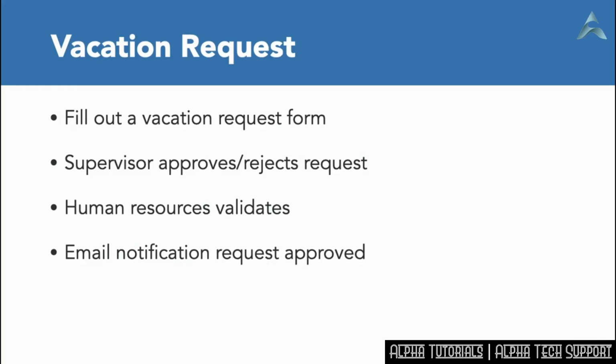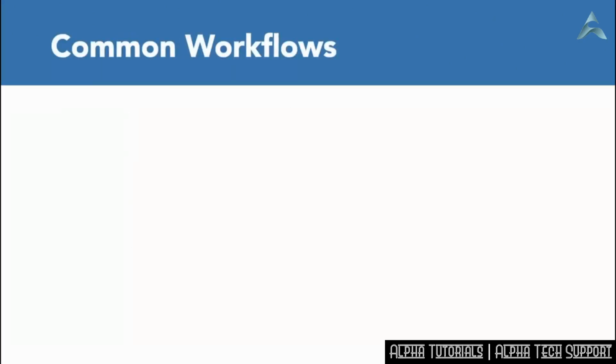It may be that some people, perhaps exempt employees, have a couple of other steps in here. Perhaps after the supervisor approves of the request, the vice president then has to approve the request. And then it goes to HR, I get email, and I get to go on vacation, or not. Workflows like this one are common in mid-sized and large organizations, and even small organizations have workflows.